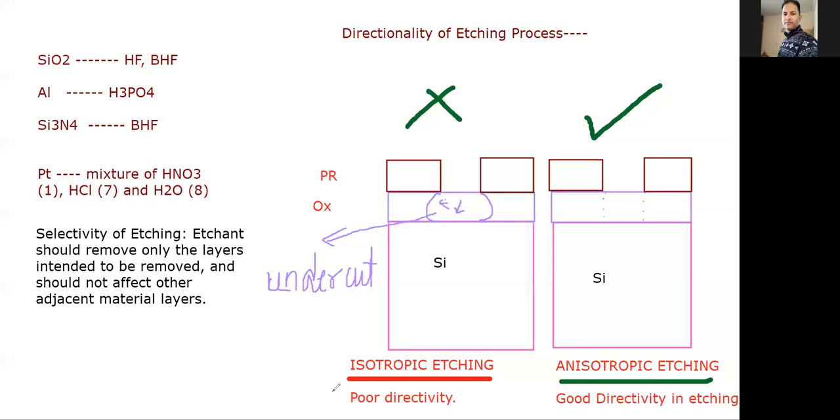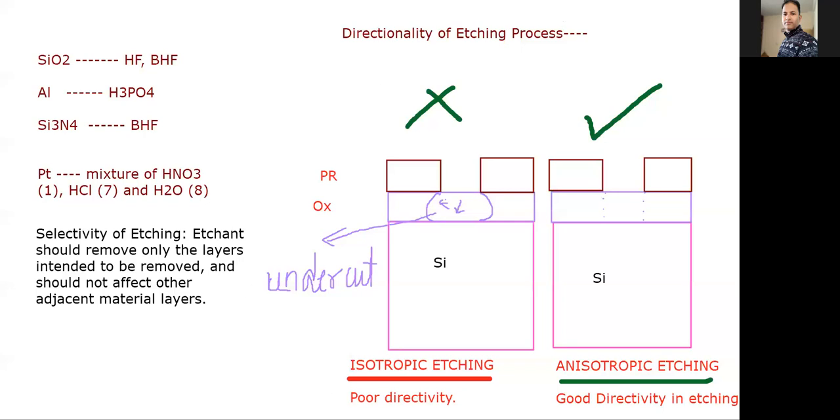So an ideal etching process is one which will have very good selectivity and very good directivity, but that is not the case. Practically we have two types of etching, as you know. One is wet chemical etching, second is dry etching.